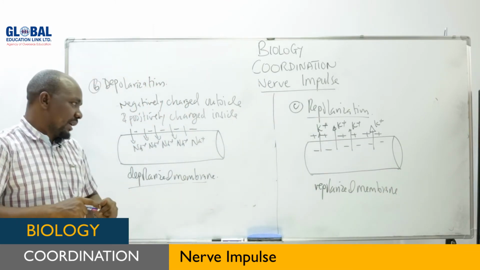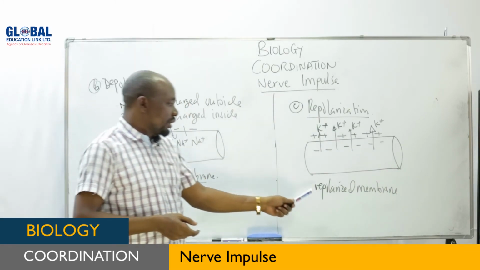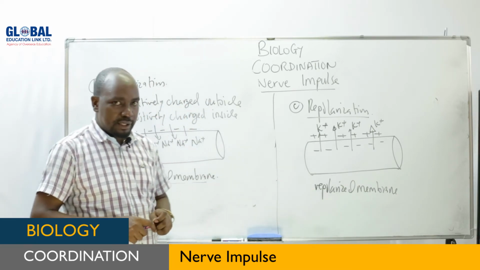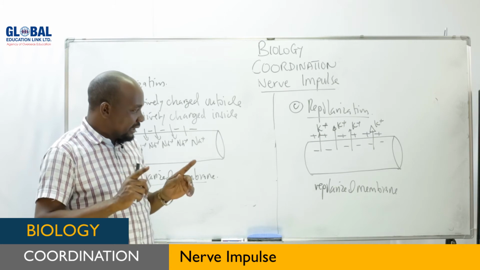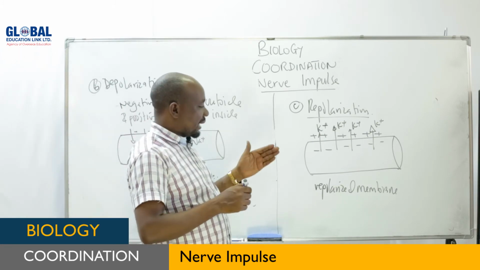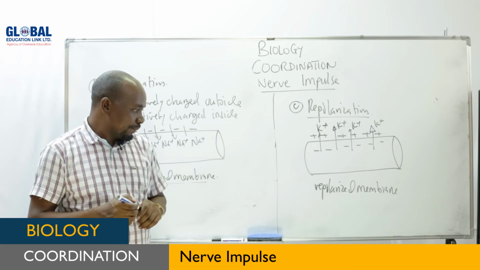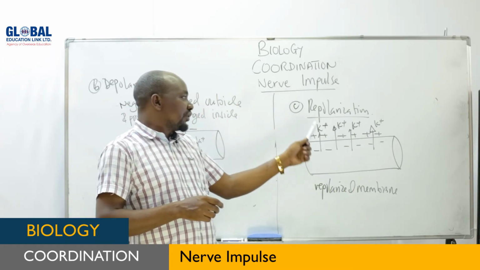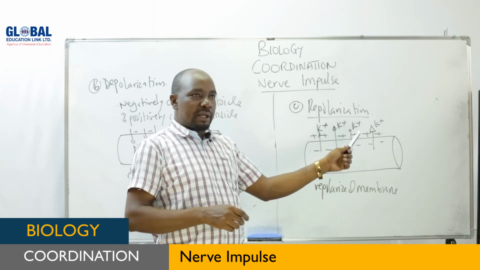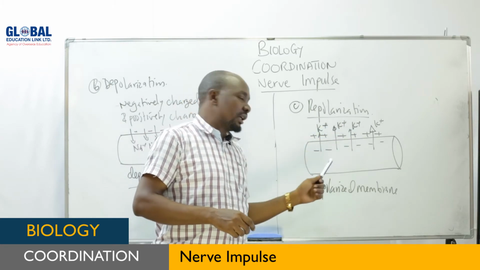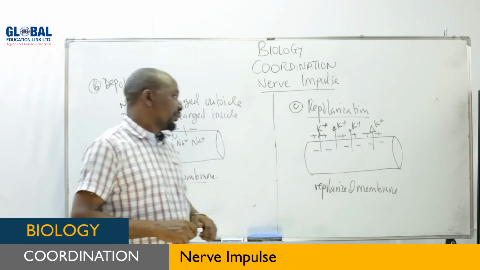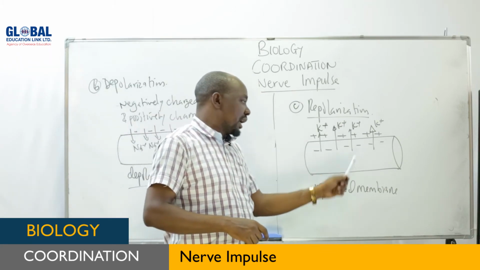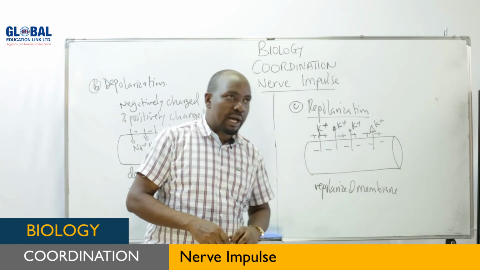The repolarized membrane is positively charged outside and negatively charged inside. The difference from the polarized membrane is that the repolarized membrane is positively charged by potassium ions outside, whereas the polarized membrane is positively charged outside by sodium ions.